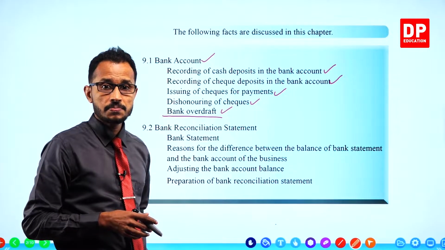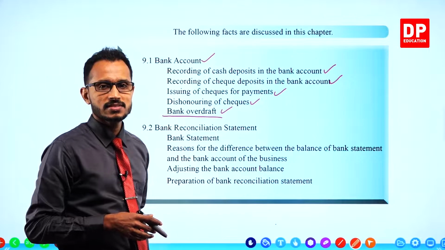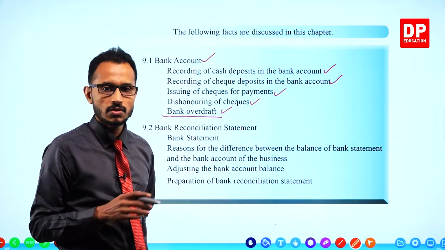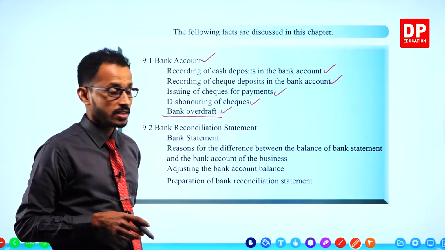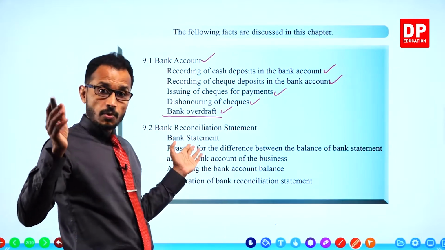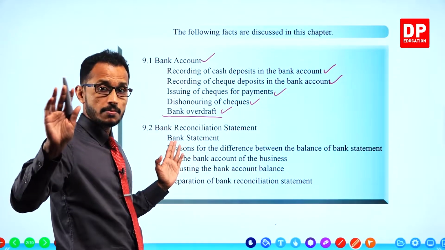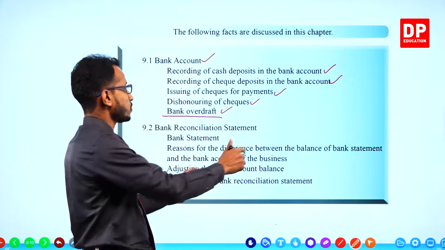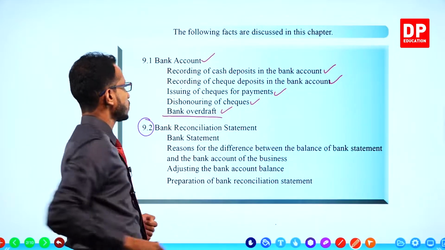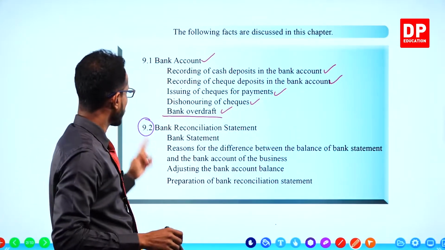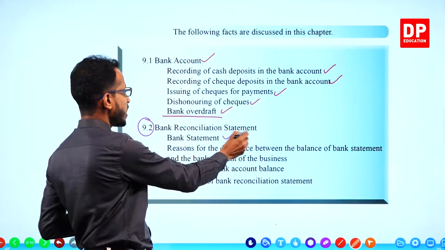Bank reconciliation statements. Something entirely new, a whole new thing that you're going to learn, but something that will be important in everyday business. Bank reconciliation statement, that is 9.2. Bank statement.